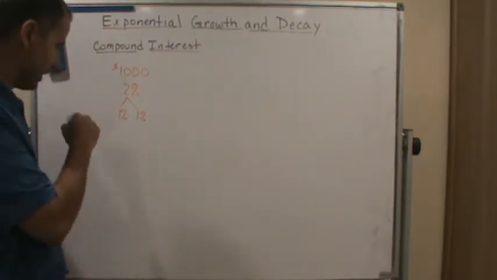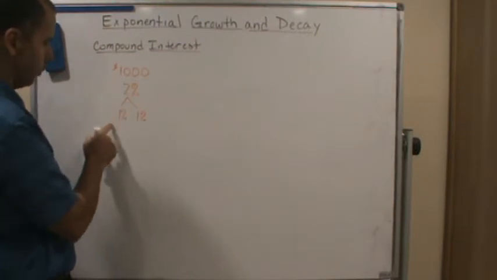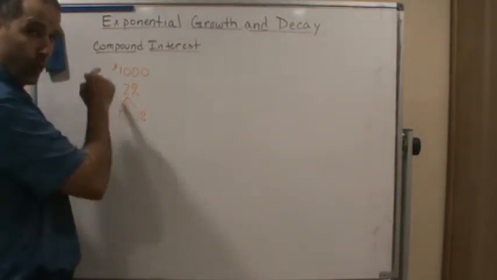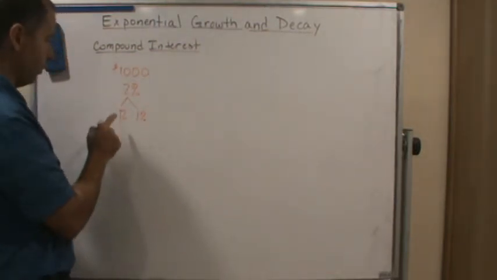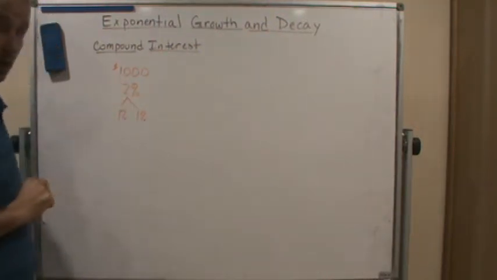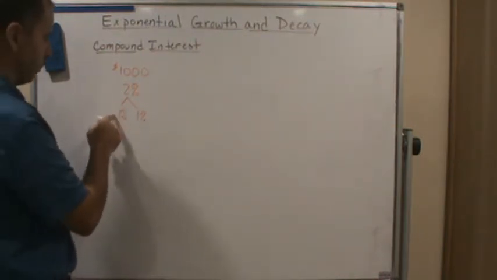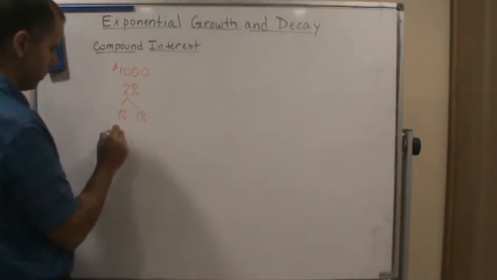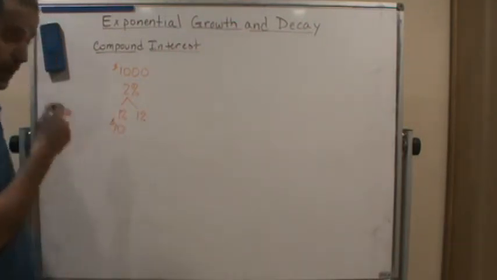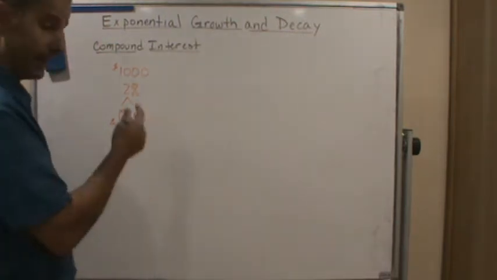At the end of the first 6 months, they're going to credit your account the interest, which means they're going to add 1% of your balance as interest. They take 1% of the $1,000, which is $10, and add that to your account at the end of the 6 months.